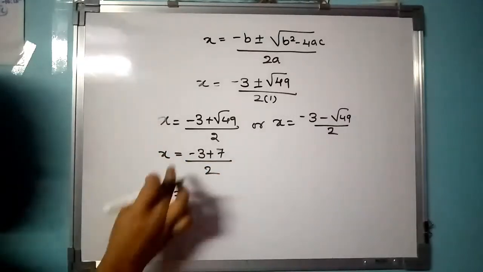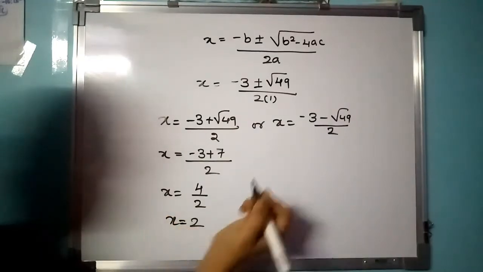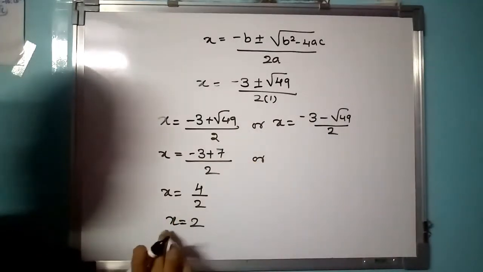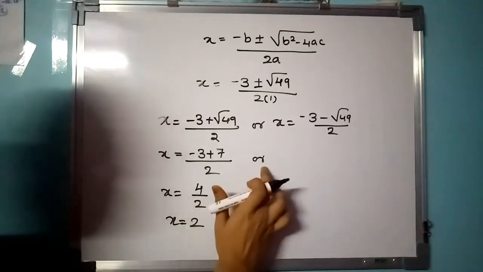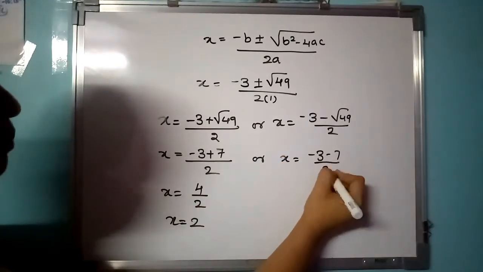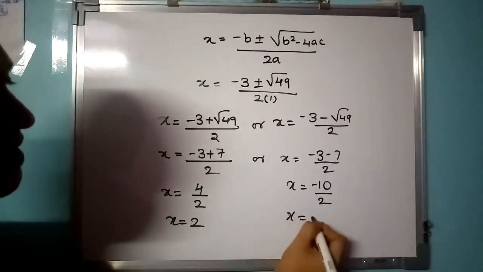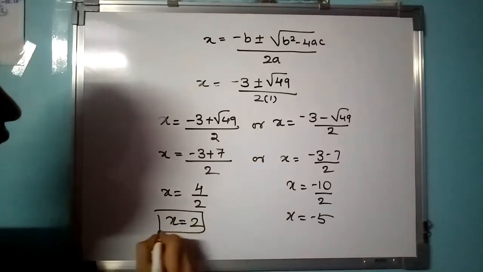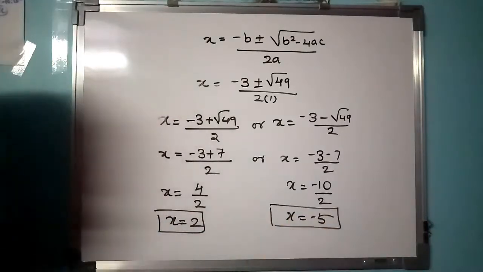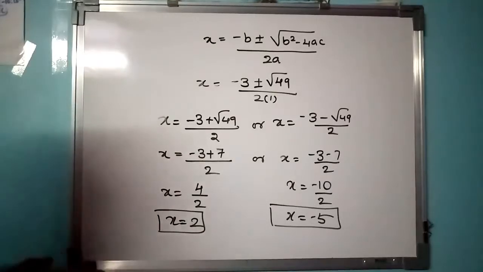So minus 3 plus 7 is 4 upon 2, and x is equal to 2. Similarly, on the other side, x is equal to minus 3 minus 7 upon 2, which is minus 10 upon 2. So that is equal to minus 5. So we have solved it in this way.